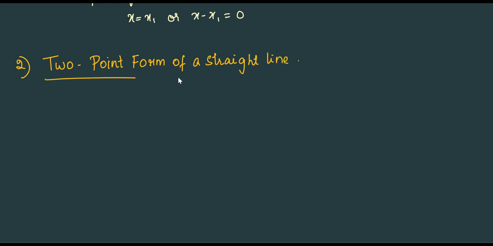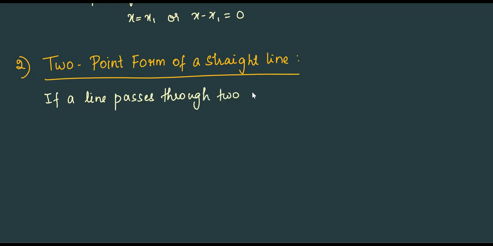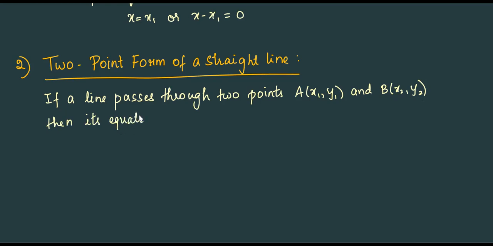So if a line passes through 2 points, A (x1, y1) and B (x2, y2), then its equation is y minus y1 is equal to (y2 minus y1) by (x2 minus x1) times (x minus x1).